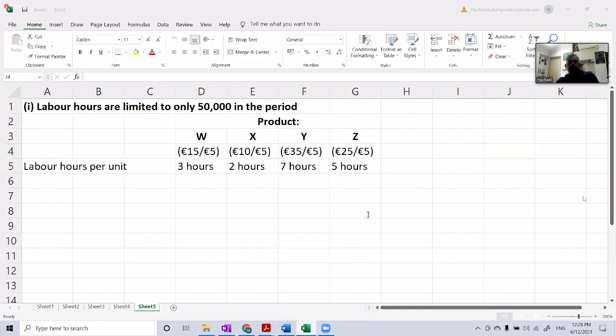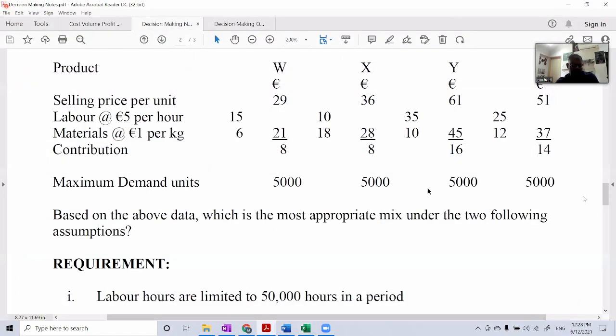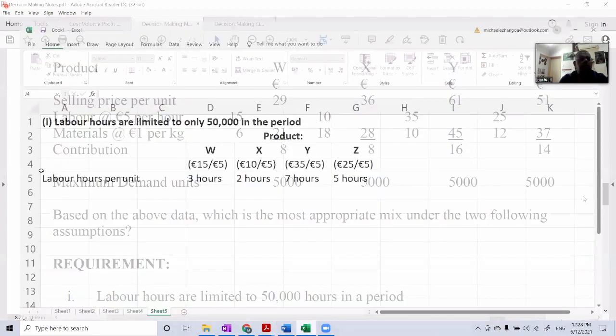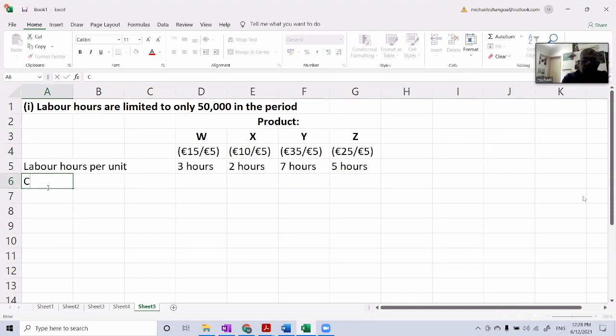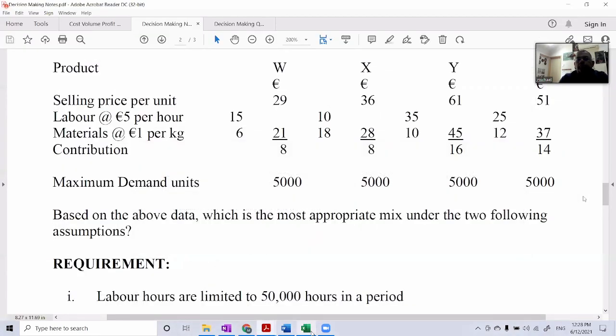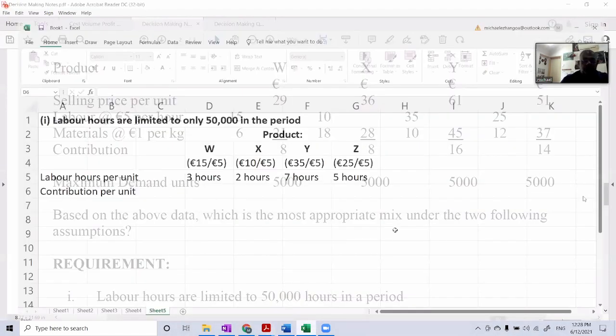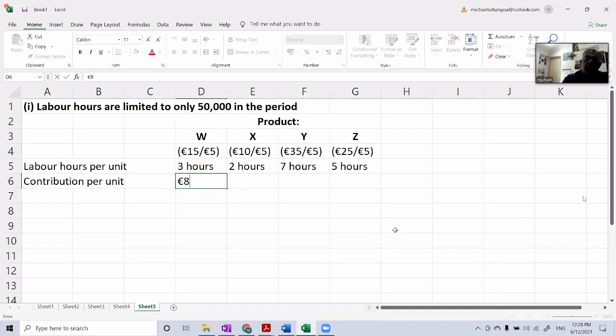Next, we need to work out the contribution per labor hour. So we have contribution per unit: 8, 8, 16, and 14.